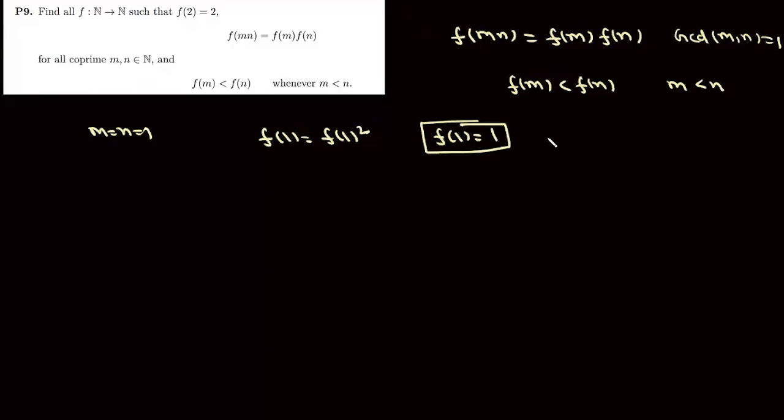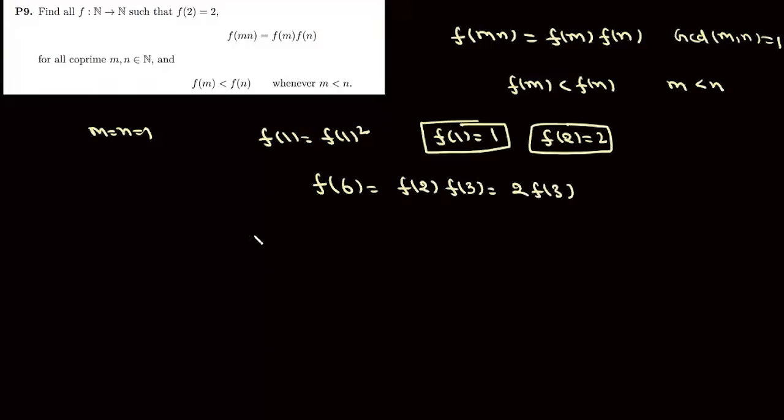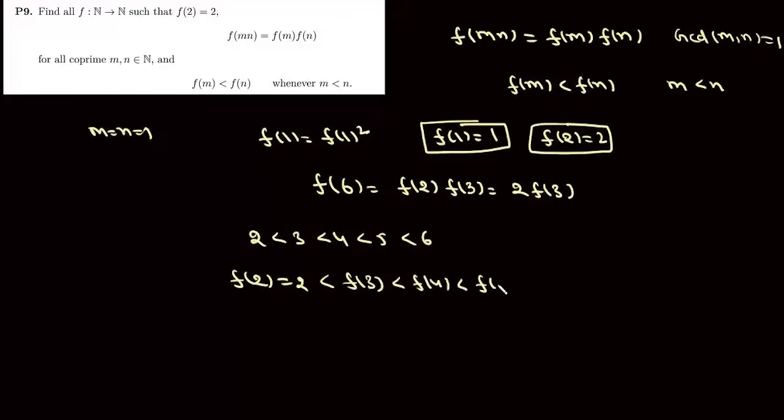Now we're given f(2) as 2. Now we can write f(6) as f(2) times f(3), and f(2) is 2, so it'll be 2f(3). Now we know that 2 is less than 3, less than 4, less than 5, less than 6. So f(2), which is 2, will be less than f(3), less than f(4), less than f(5), and less than f(6), which is 2 times f(3).